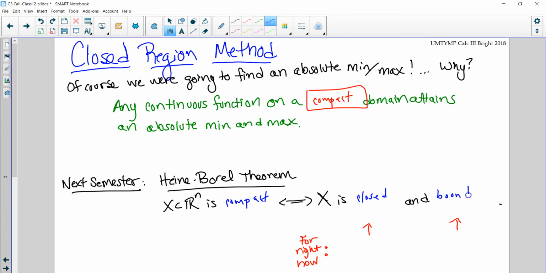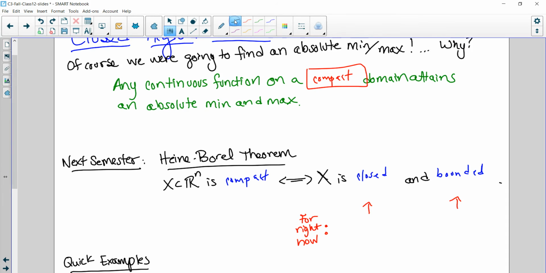We're going to focus on these ideas informally, and next semester we'll talk about them more in depth. But the basic idea for right now is that for closed, just think of the region as including its boundary. And for bounded, we're going to define it in terms of antonyms.